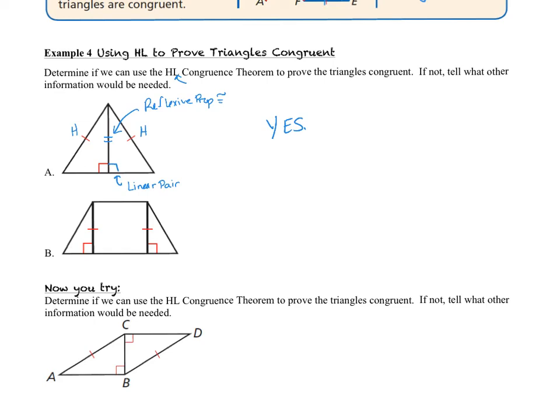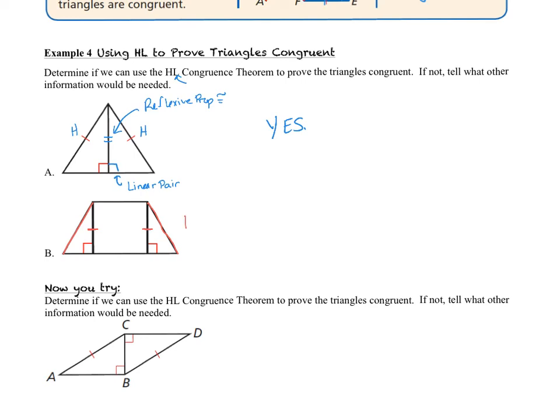Let's take a look at B. So we're talking about triangles, remember, so I can kind of ignore that rectangle in the middle. But I'm trying to see if I've got a hypotenuse that's congruent to each other. Well, first of all, I've got right triangles. That's a good start. And I don't know anything about this hypotenuse being congruent to that hypotenuse, so I'm missing my H. I do have an L, a leg, and a right angle.